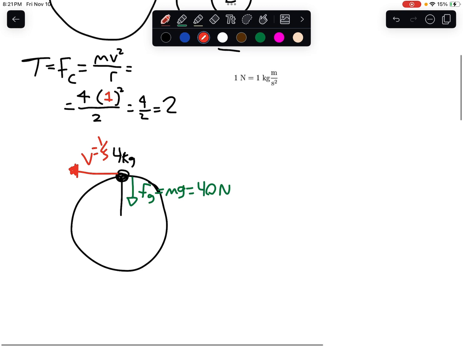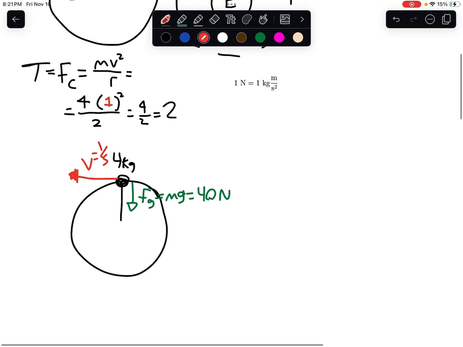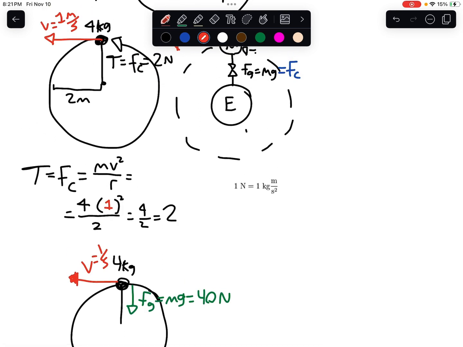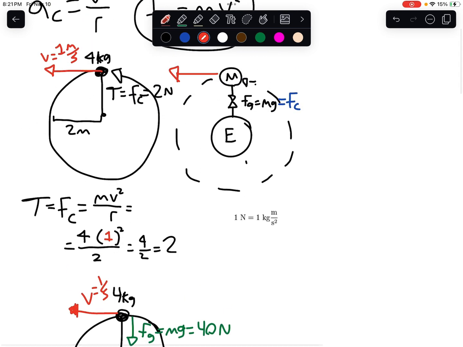So we'll check the math for this, but I know it won't work out, because the tension last time was 2 newtons.